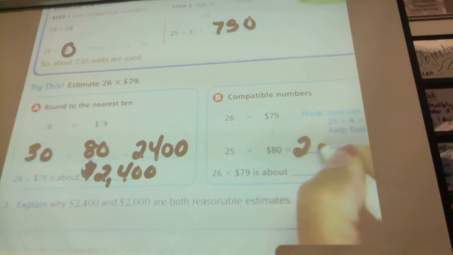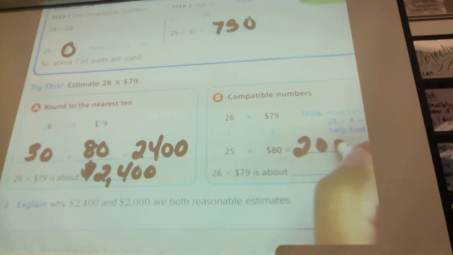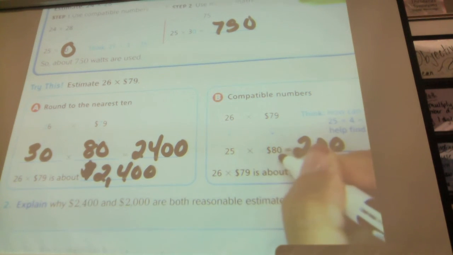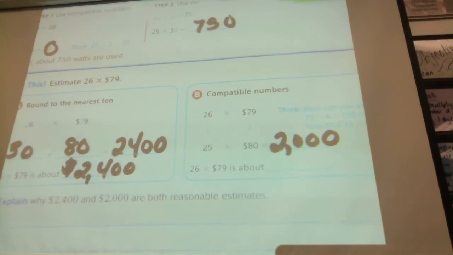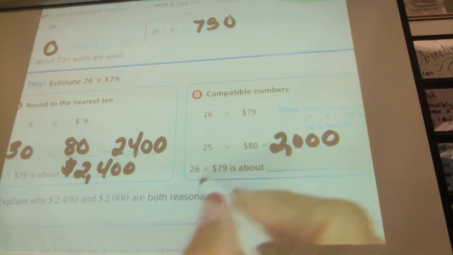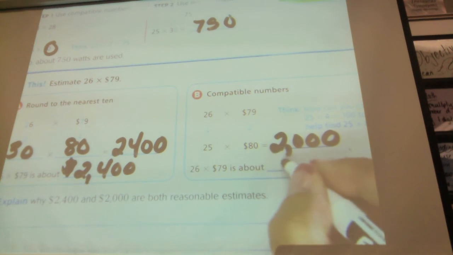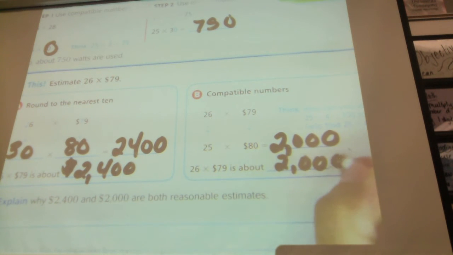So we think of 25 times 8 is 200. And then we add the times 10 from here, and we have 2,000. Okay? So 26 times 79 is about $2,000. And then we explained why 2,400 and 2,000 are both reasonable estimates.